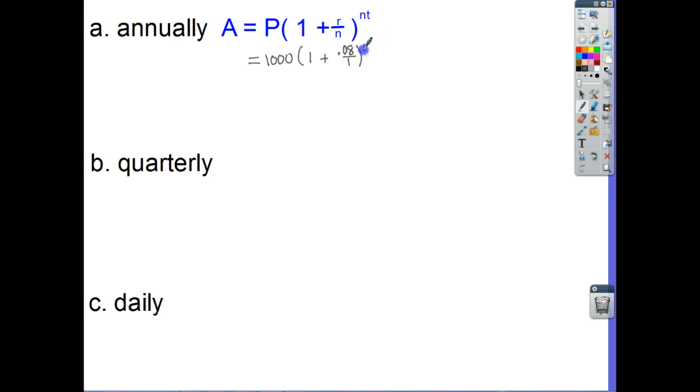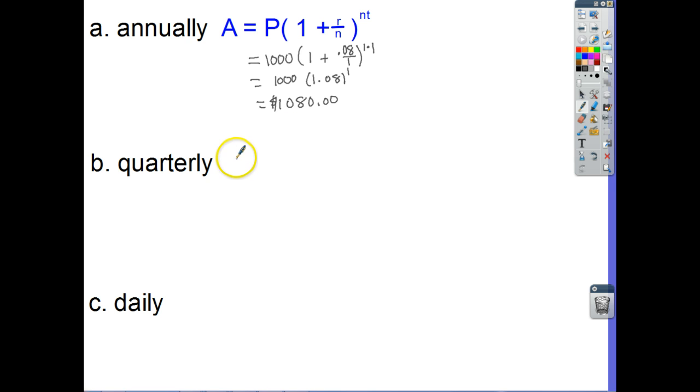The number of times compounded in a year is 1 times the number of years. And for our problem, that's 1 as well. So we have 1,000 times 1.08 raised to the first power. And of course, that's just going to be mental math there. We'll move our decimal 3 places over, and we'll get $1,080. That's how much is in the account if it's compounded once a year.